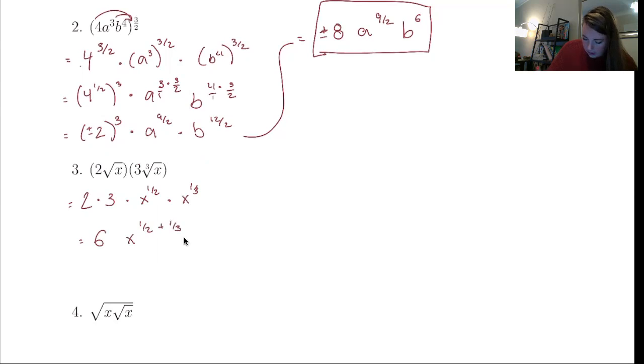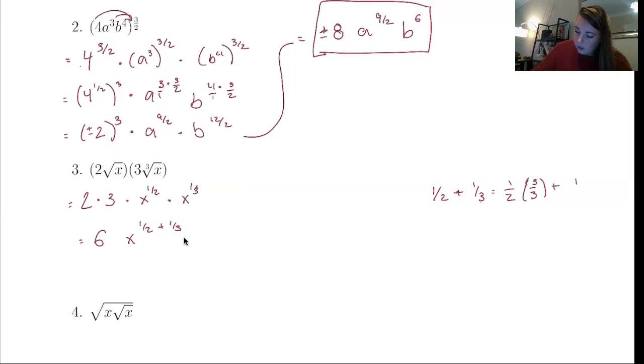This is not fractions working nicely. So if you want to go over here, 1/2 plus 1/3. What do I need so that I can combine these fractions? I need a common denominator. Your best bet is multiplying the denominators together. So 2 times 3 is 6, so that would be my denominator. To get 1/2 to have a denominator of 6, I'm going to multiply it by the fancy one that is 3/3.